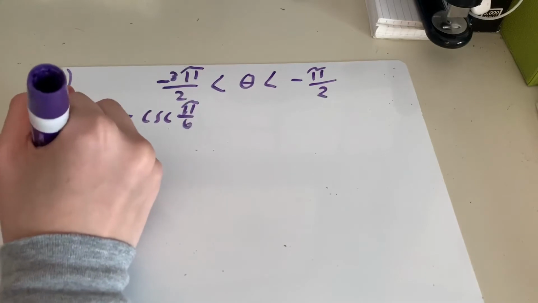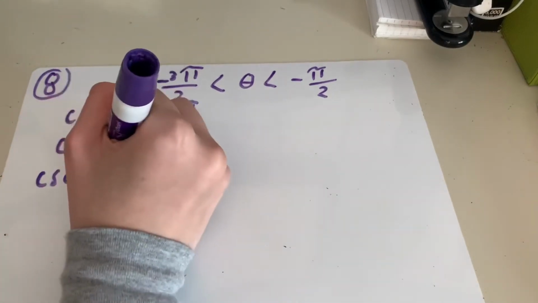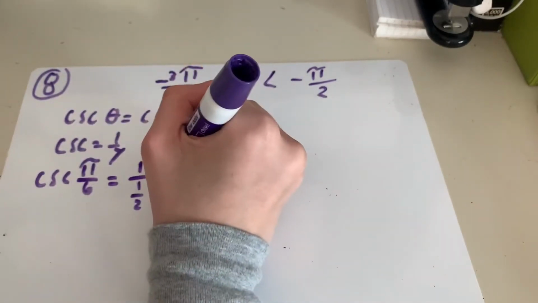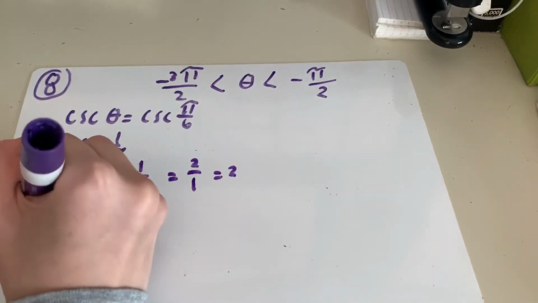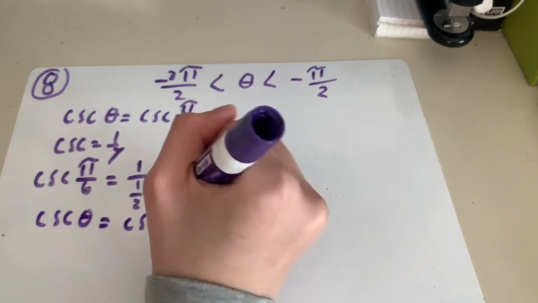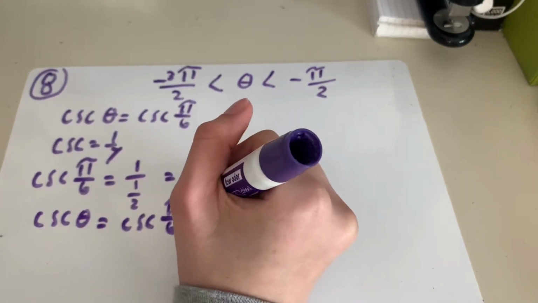So I go to the unit circle and I find pi over 6. And I do the cosecant of pi over 6, which is equal to 1 over 1/2. 1/2 is y, which equals 2 over 1, which equals 2.